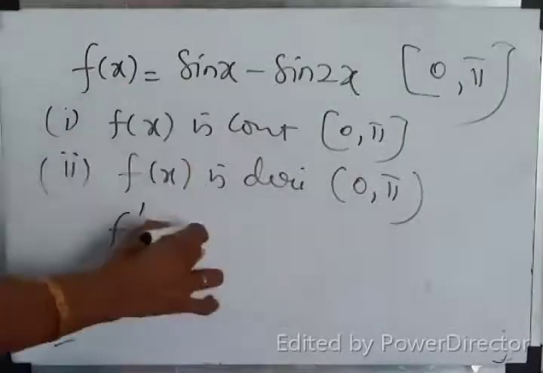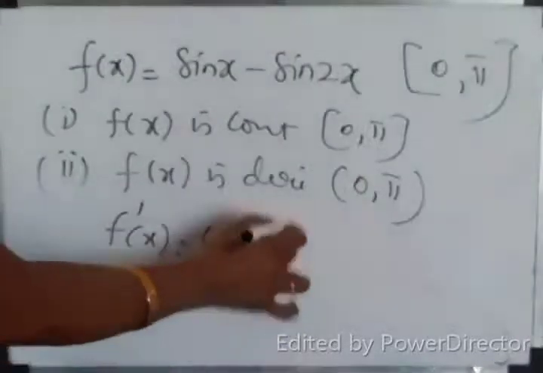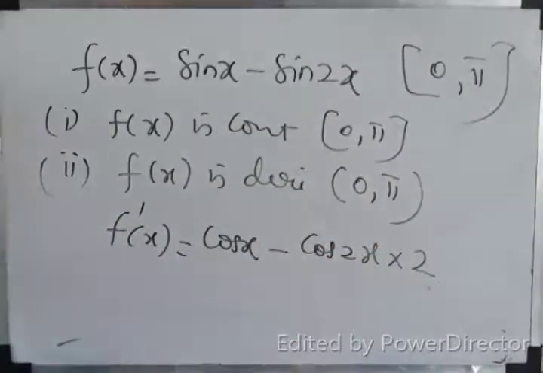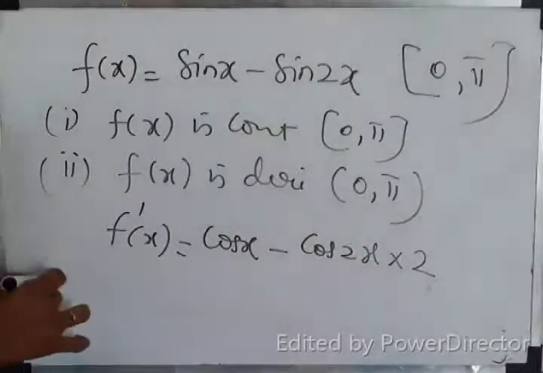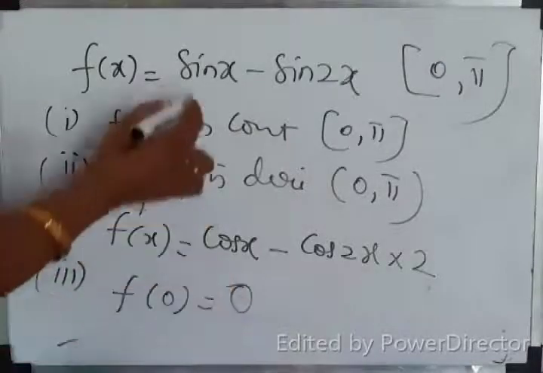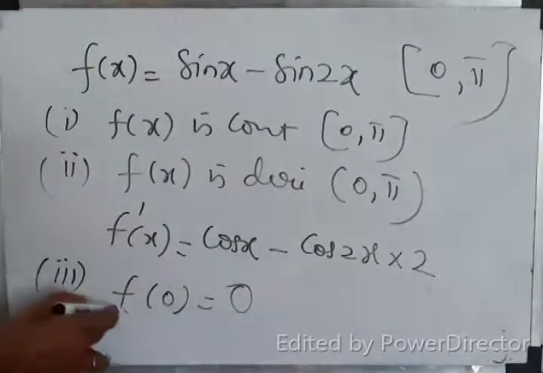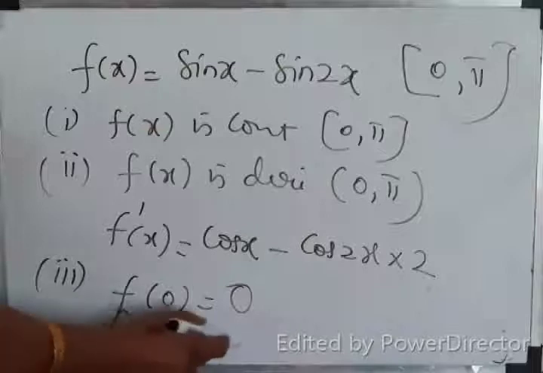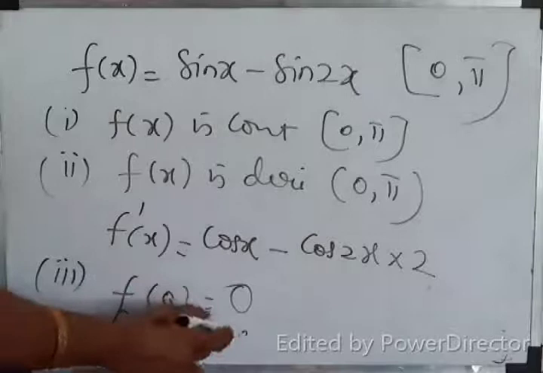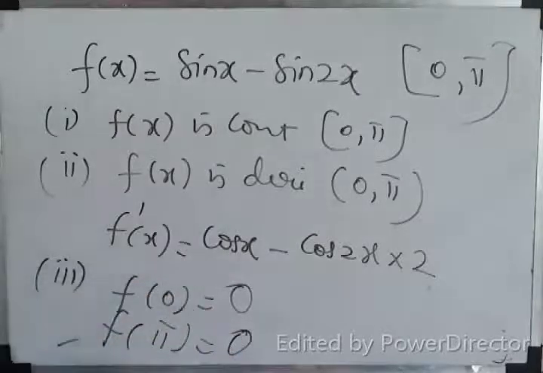F dash of x: sin x, if we differentiate, cos x, minus sin 2x gives cos 2x into 2. Correct? Cos x minus 2 cos 2x. Correct. Then what is my third step? F of 0: sin 0, 0. Sin 0 is 0. So what is f of pi? Again 0.